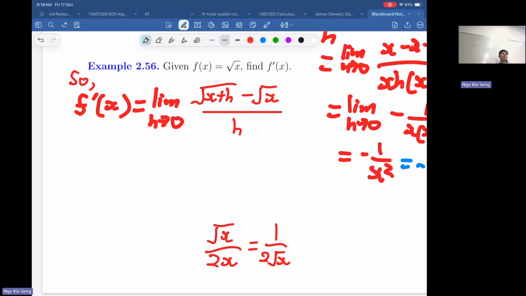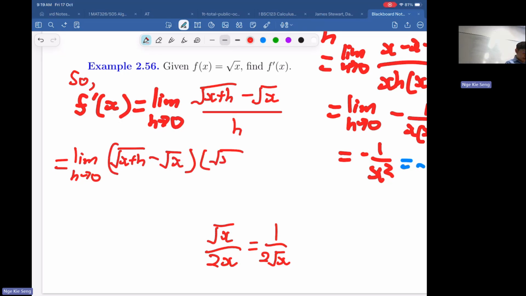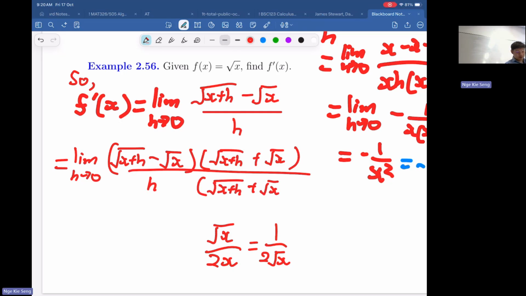So the trick you can play on the radical, or this root, is you multiply by the conjugate. By conjugate, I mean you replace the minus sign with the plus sign, and then you multiply on top and bottom so that you are doing nothing to the function.